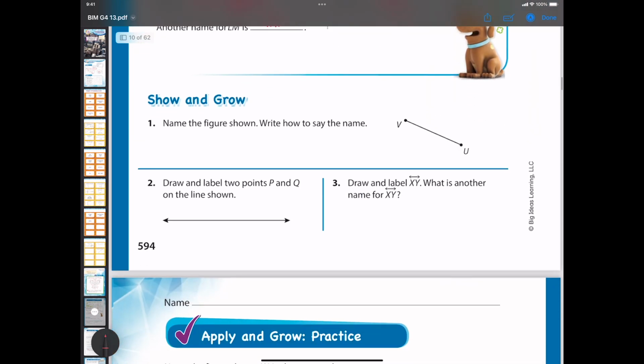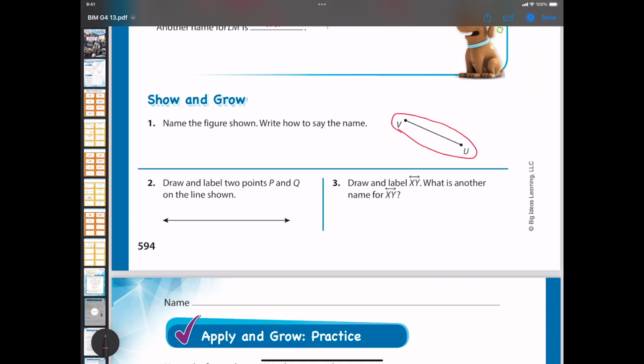Show and Grow. After 1, 2, 3, I want you to do it yourself, as you know, and today's lesson is not that hard. Right? So I want you to do it yourself and check your answers with mine. All right, name the figure shown. Then write how to say the name. Can you see any arrows in between? No. So you can say what? This is a line segment.